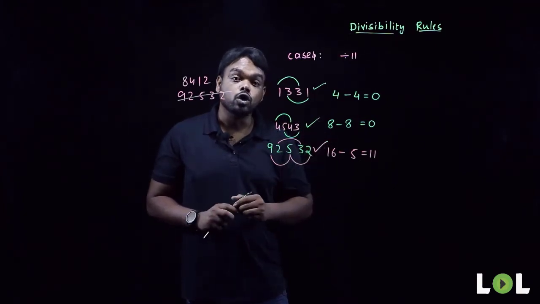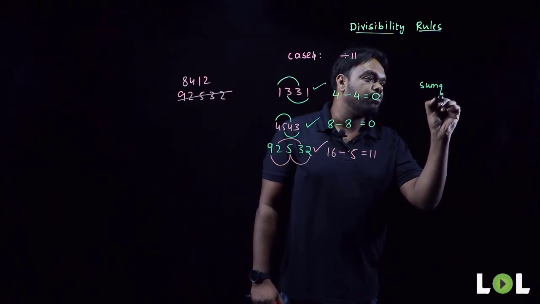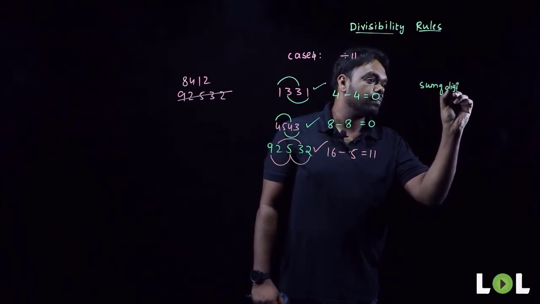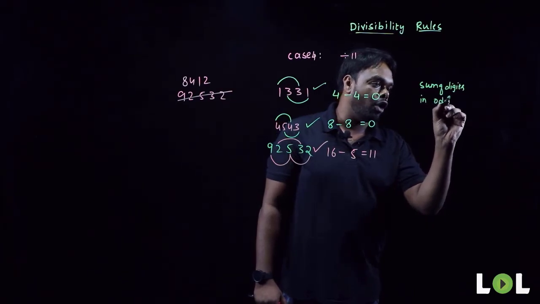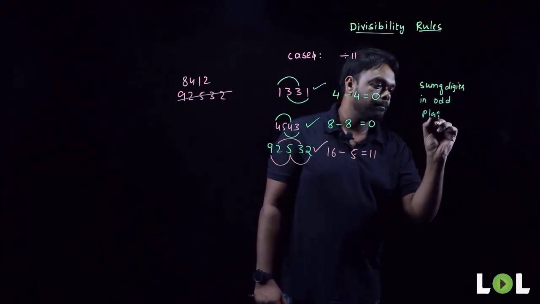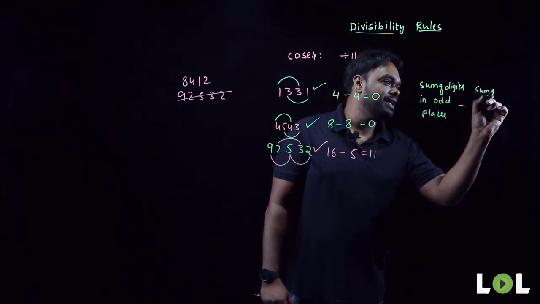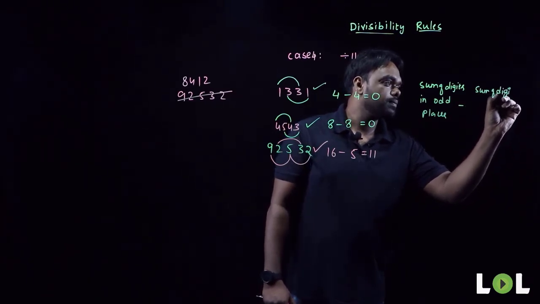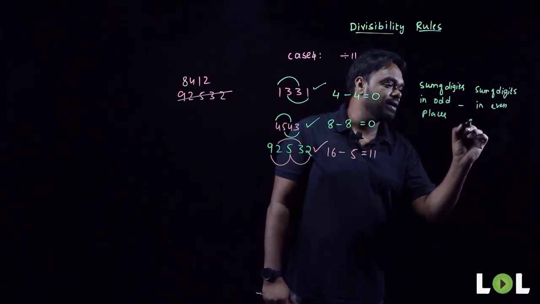So, to check the divisibility rule of 11, we take the sum of digits in odd places minus the sum of digits in even places.